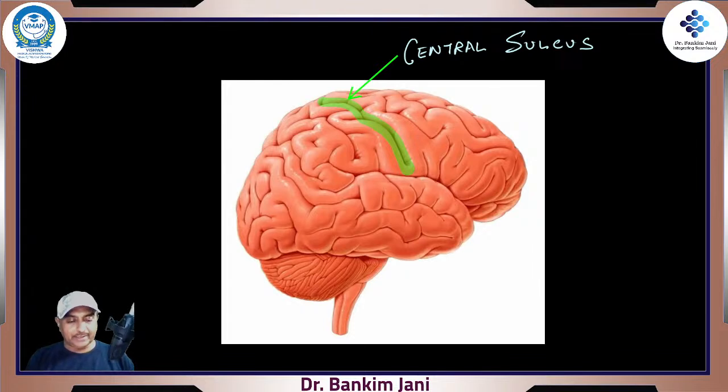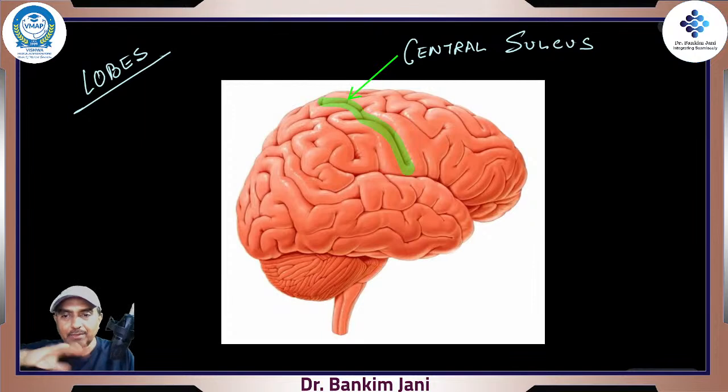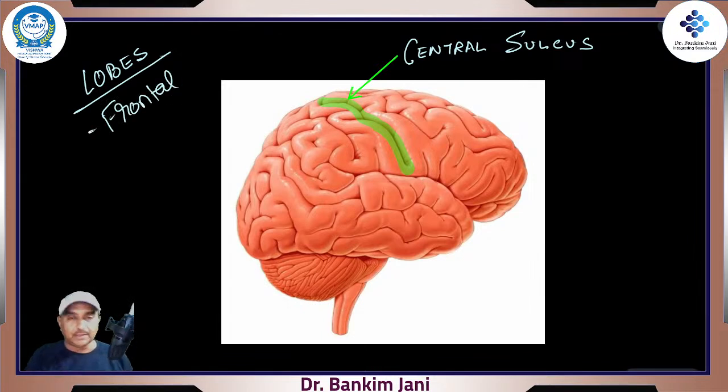Because our whole idea is that in the skull there are bones, and with every bone the lobes are associated. There is a bone which is covering it. So this one is frontal, so there would be the frontal lobe. Then the parietal bone, so in the brain there is a parietal lobe.